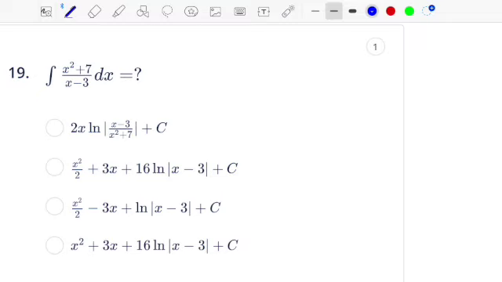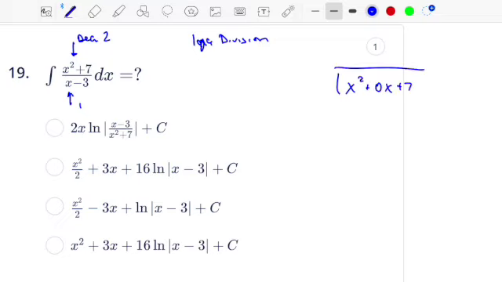All right, I see. The degree of the numerator is 2, the degree of the denominator is 1. Long division. I'm going to quickly rewrite this: x squared plus 0x plus 7 divided by x minus 3. So that's x squared minus 3x.